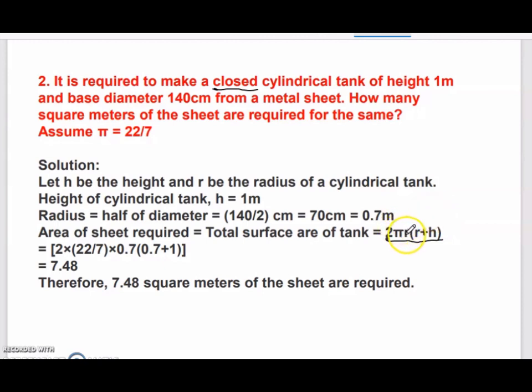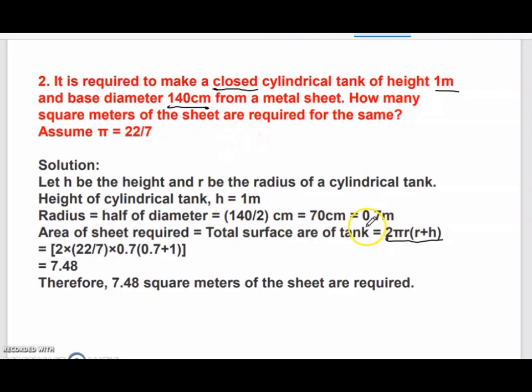And here you will substitute the values that are given to you. Height is given as 1 meter and this is given as 140 centimeter. This is the diameter. So the diameter will be converted to radius. Now since here height is given in meter and diameter is given in centimeter, you will have to convert it.